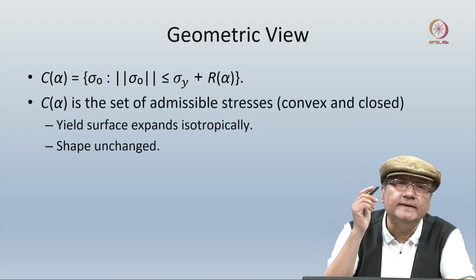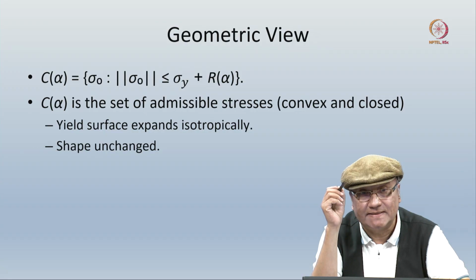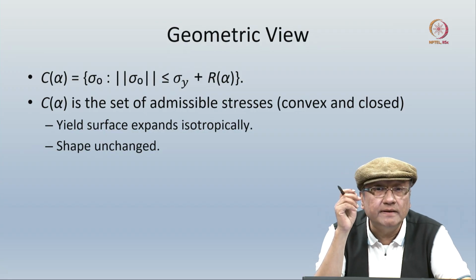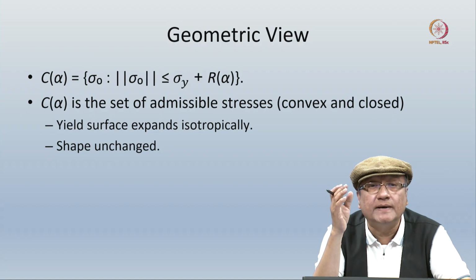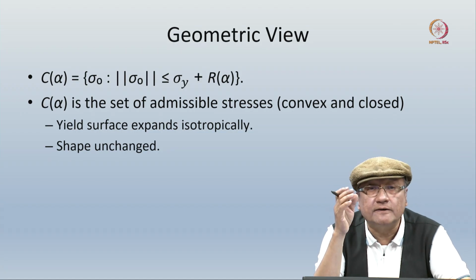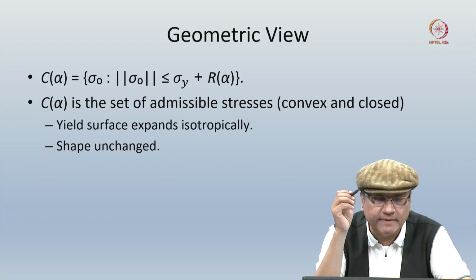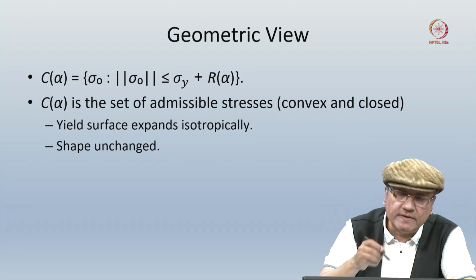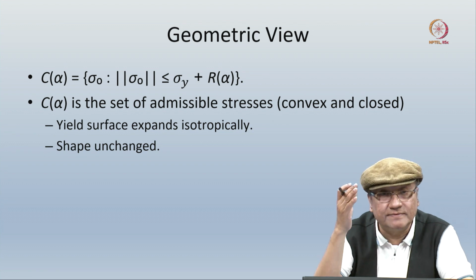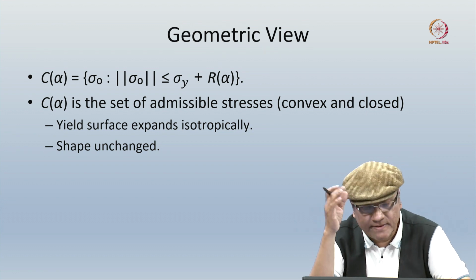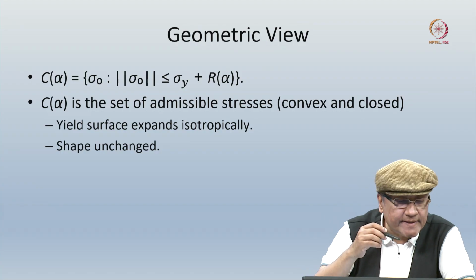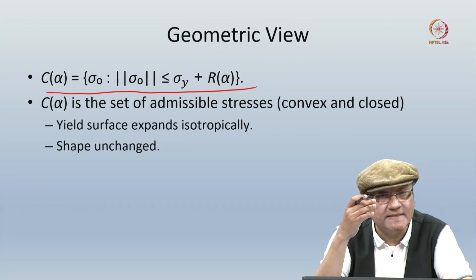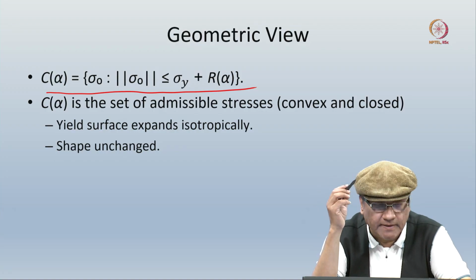Now let us define the set of admissible stresses. Earlier in perfect plasticity, it was only given by a spherical surface of radius sigma y. But in this particular case, because of this hardening, sigma y changes isotropically as the isotropic hardening takes control. So the set C will be a function of alpha, the hardening variable.